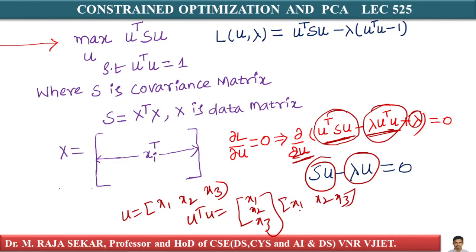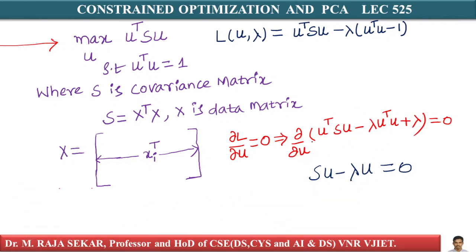If I multiply, I will get x1 square, x2 square, x3 square. I have to differentiate component wise. Therefore, I will get 2u. Anyway, it is equating to 0. It is simple mathematics. Anybody can understand this partial differentiation. If you have any difficulty, please keep a comment so that I will explain. It is a simple thing.